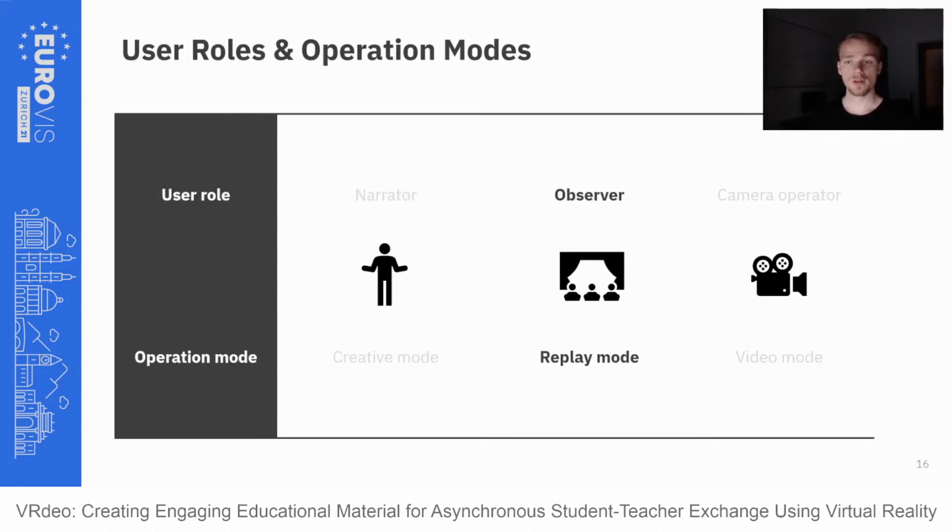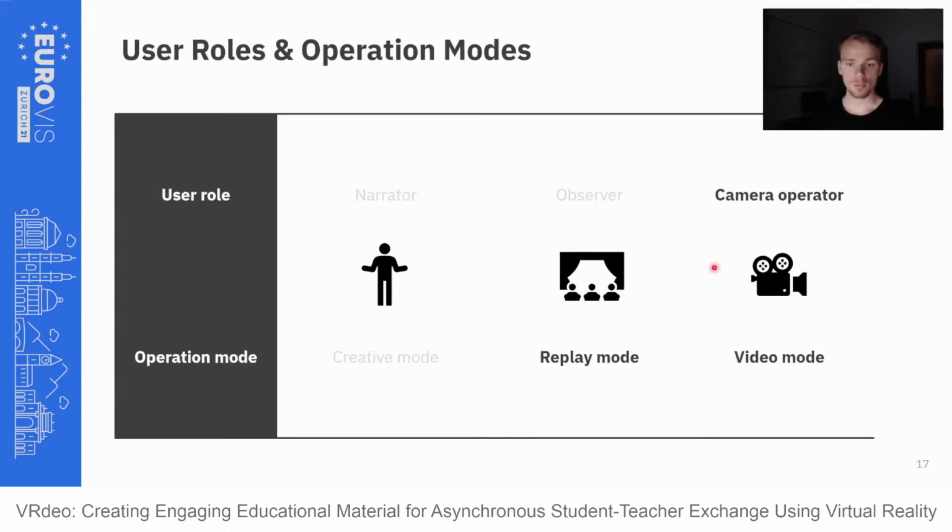Then there is the observer, who can view the created content in the replay mode. And the last one is the camera operator, who utilizes the replay mode to select a recording, and the video mode to create a camera trajectory to export a 2D video recording.